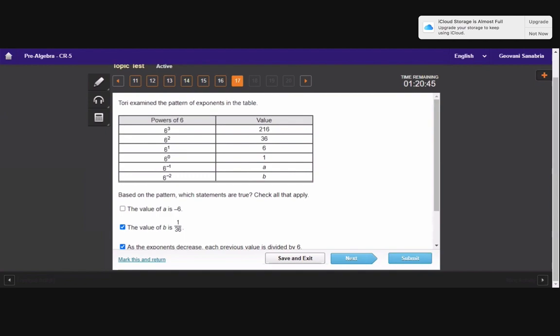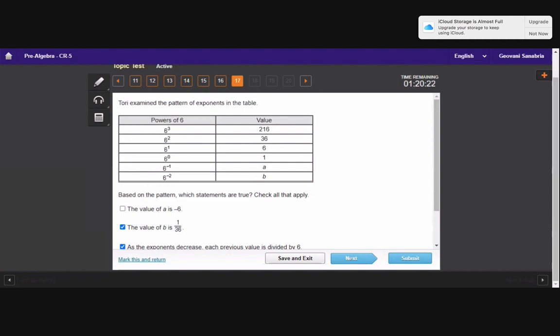If you take the 216 and divide it by 6, what do you get? 36. Okay. And if you take the 36 and divide it by 6, what do you get? 6. If you take the 6 and divide it by 6, what do you get? 1. Okay.